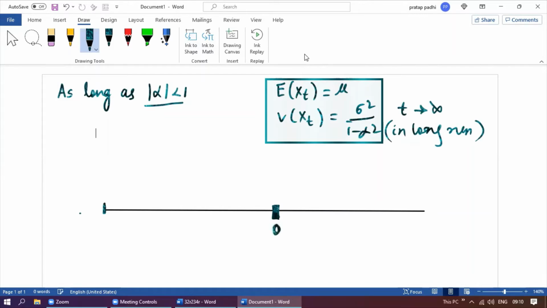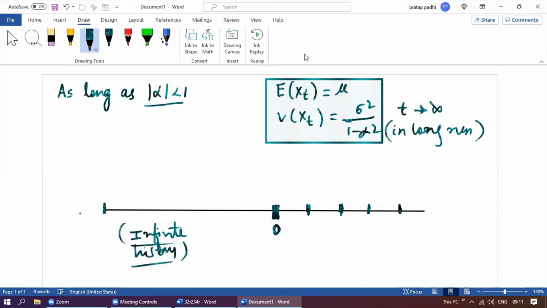Starting from here, if you look forward, it becomes stationary. It already becomes stationary because it has infinite history. This is a technical term, infinite history.